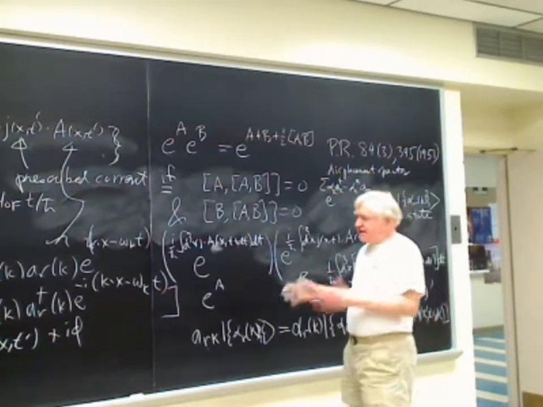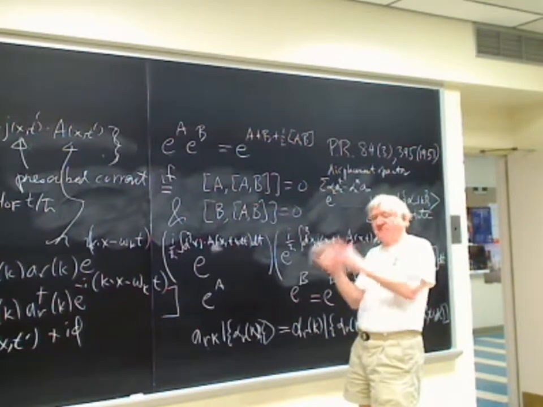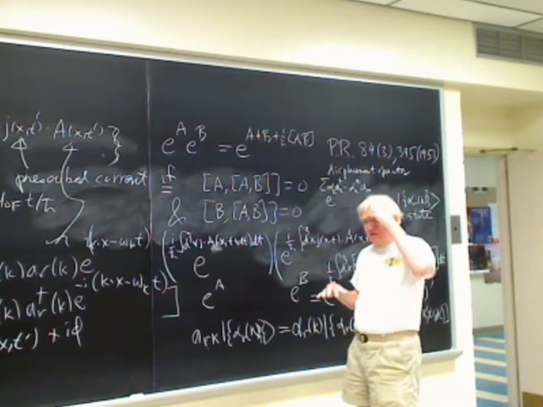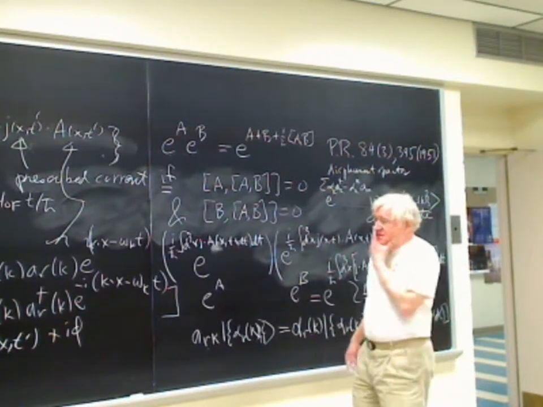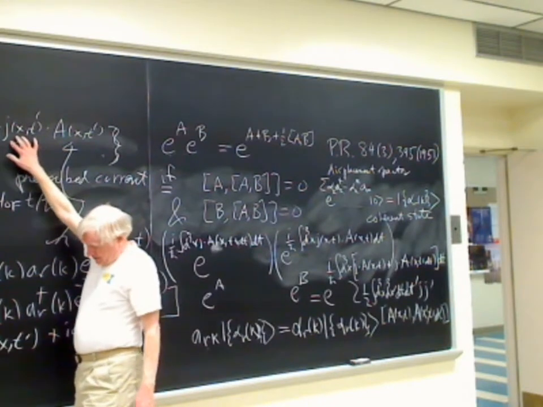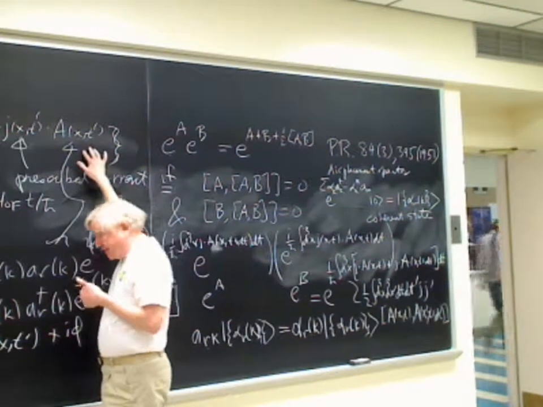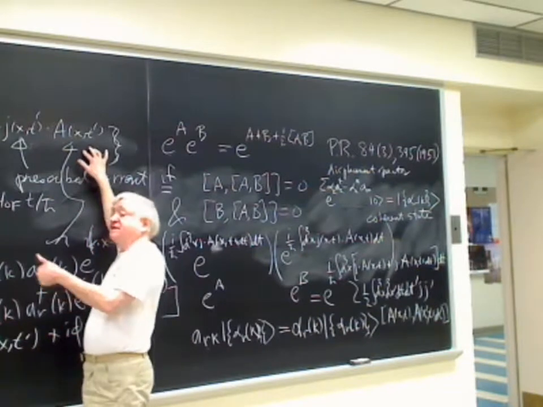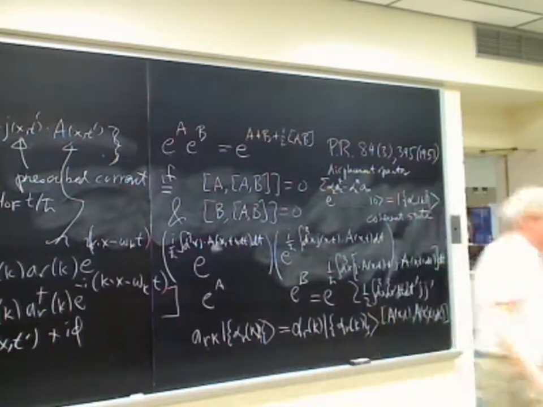And moreover, these states are the most classical states of the electromagnetic field. So in other words, the states that look most classical are the coherent states. And that sort of makes sense, because if you have an electric current that is completely classical, you expect that the corresponding electromagnetic field would be as classical as possible. And in fact it is. That's the coherent state. That's enough of this.